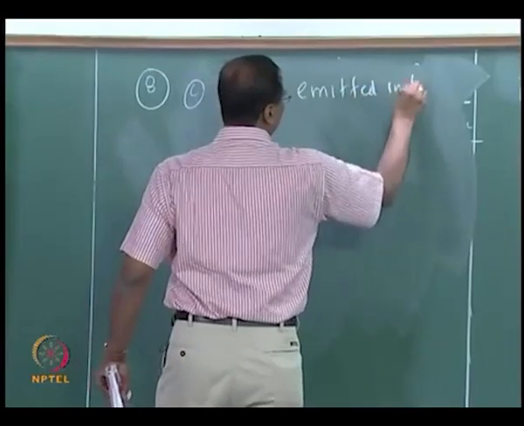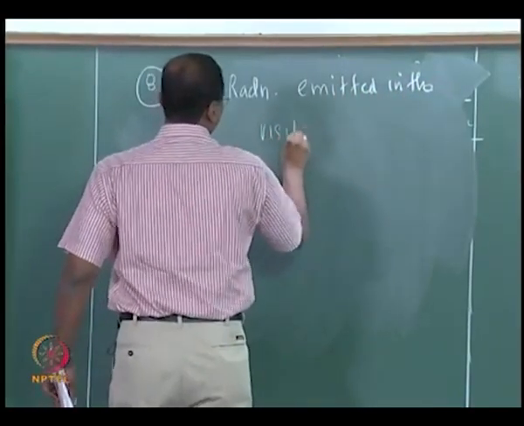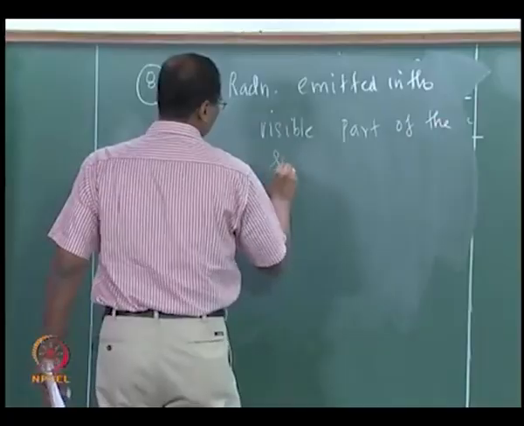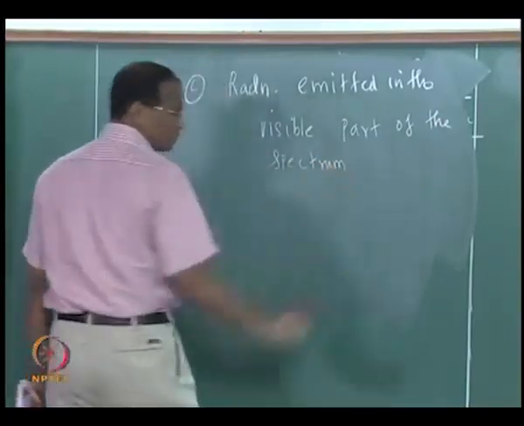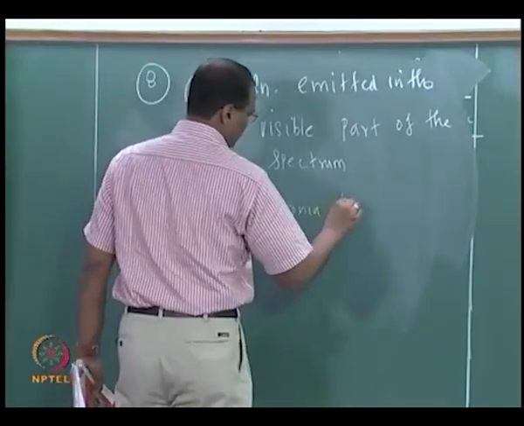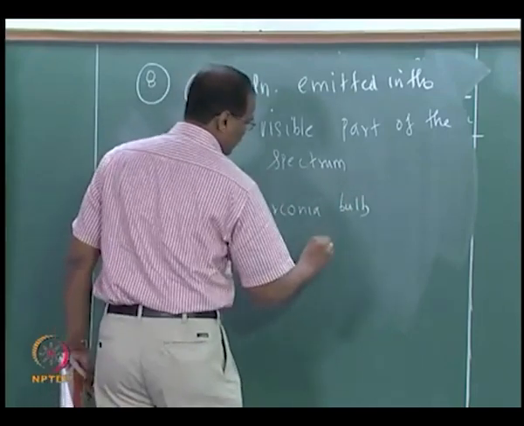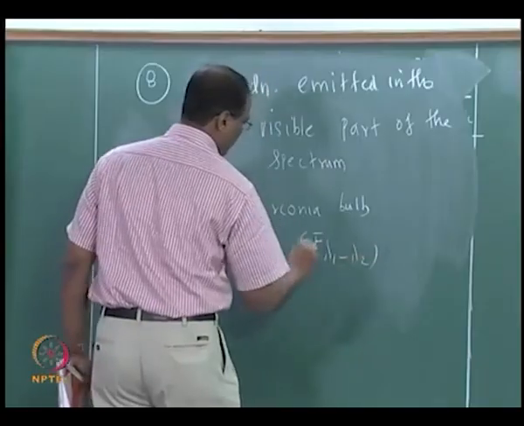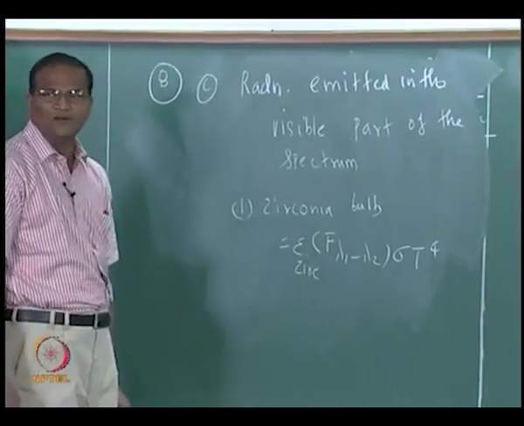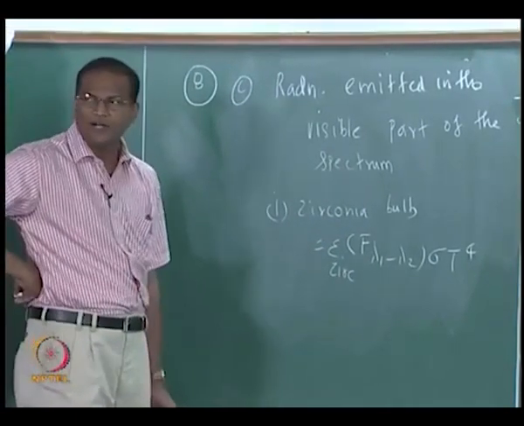Right? So radiation, no, this is 8C. So epsilon zirc into f of lambda 1 to lambda 2 into sigma T to the power of 4.